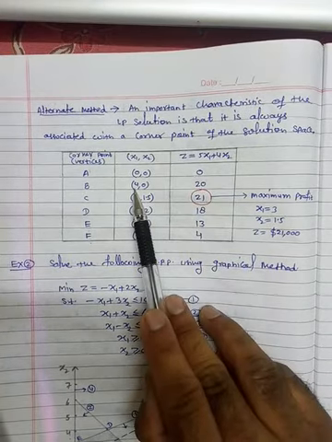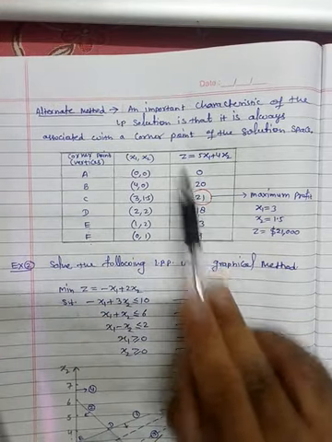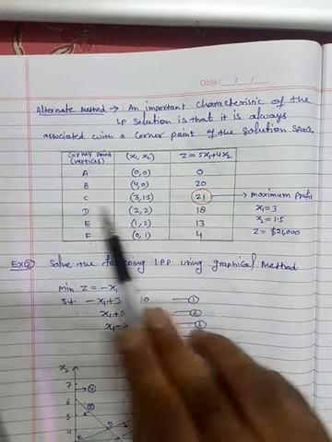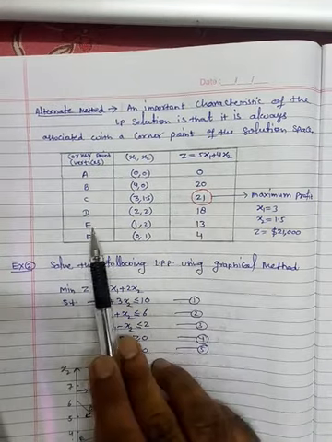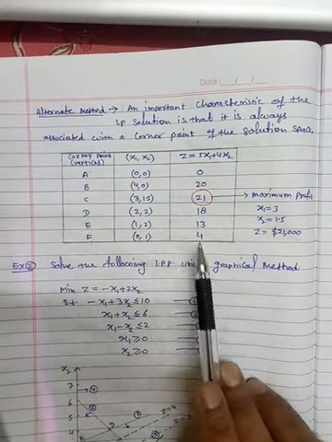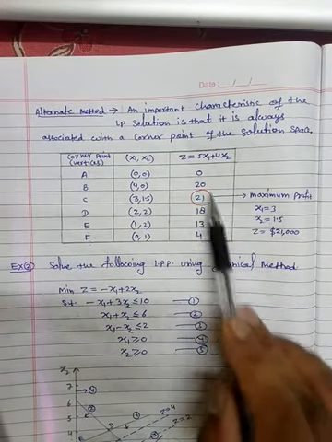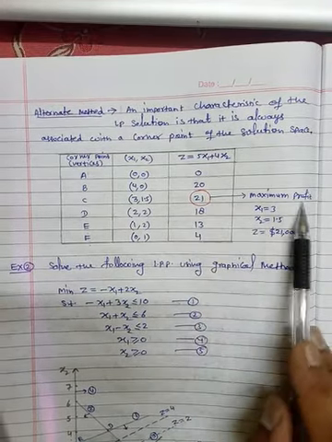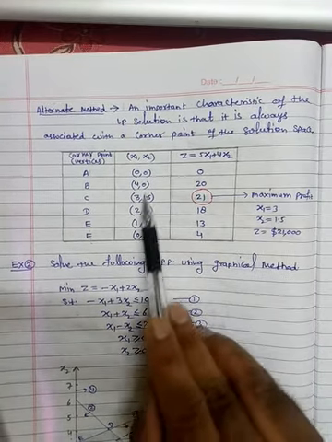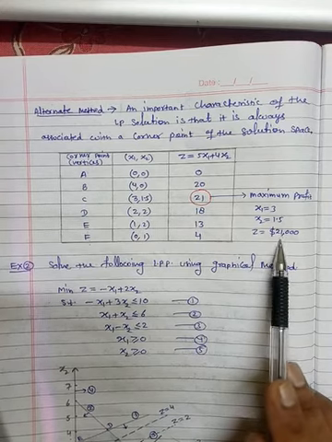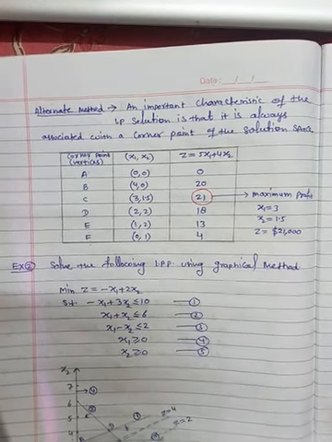Similarly at point B, x1 is 4, x2 is 0, so z will be 20. Similarly for C we get 21, for D we get 18, for E we get 13, and for F we get 4. Among all these 6, 21 is the maximum value, and hence maximum profit is at x1 is 3, x2 is 1.5, and z will be 21 into $1,000. So this will be the solution.